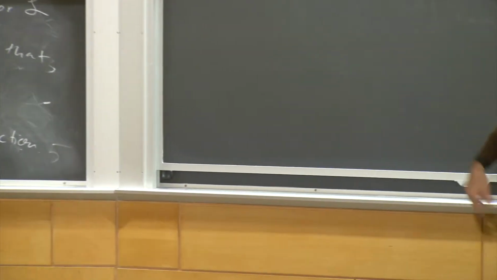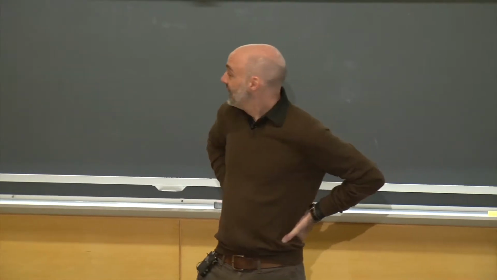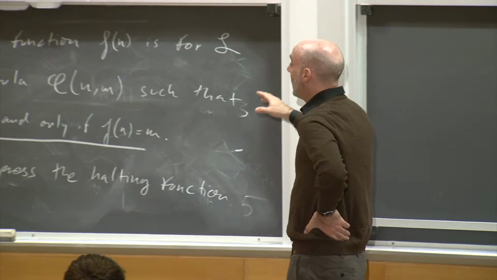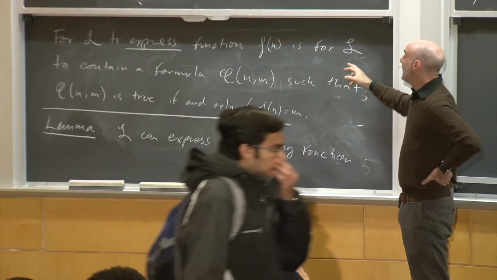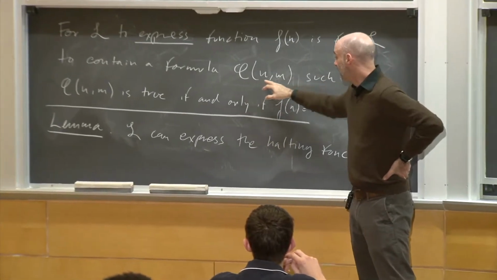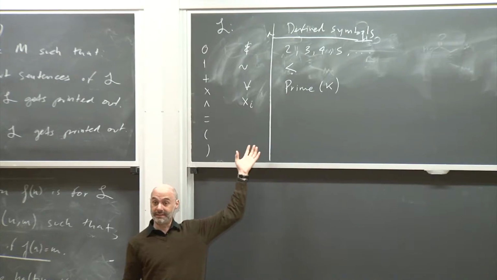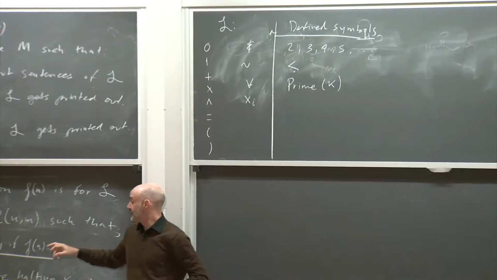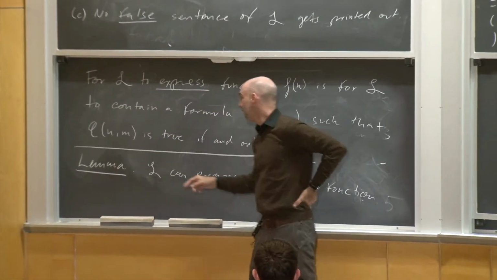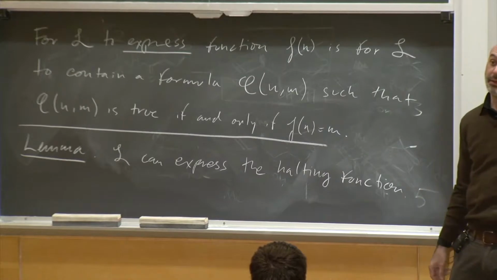So functions like the halting function or the busy beaver function. And just to remind you what it means for a language to express a function, it means that there's a formula built out of the symbols of our language, such that the formula is true of numbers n and m just in case the result of applying the function to n is m.